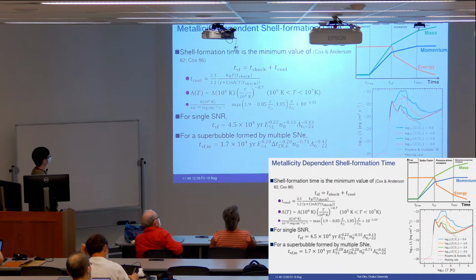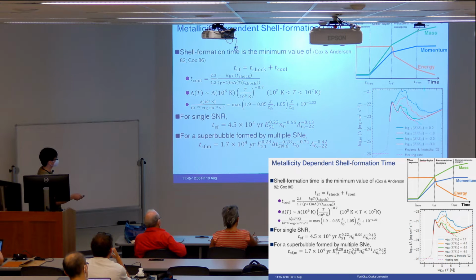The shell formation time can be estimated like this. It is the minimum value of t_shock and t_cool, where t_shock is the time when the ISM is shocked by the blast wave, and t_cool is the cooling time, which is this. Here lambda is the cooling function, which can be approximated like this. This is the cooling function with different metallicities, and here is the metallicity dependent part.